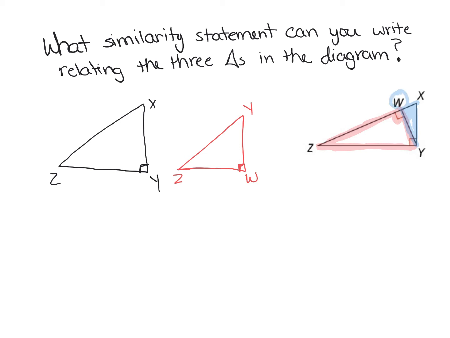So we're going to make a smaller triangle. My 90-degree angle is W, my Y I'm going to put here, and X goes up at the top because I'm relating it back to the original triangle.